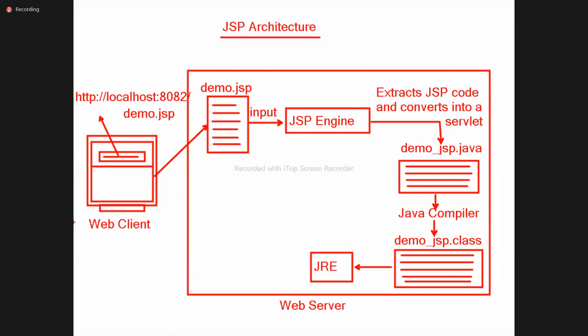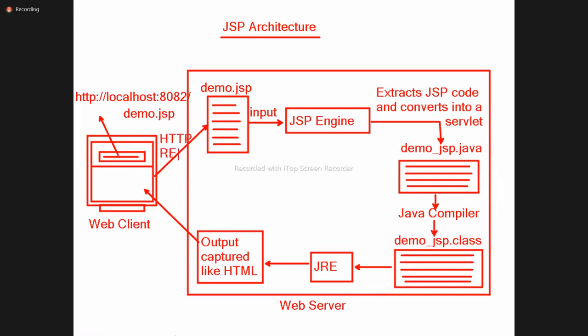Already we know the default MIME type, Multi-purpose Internet Mail Extensions. The output is captured like HTML because the default MIME type is text/html. This output is transferred to the browser, so you'll get an output here. This is called the HTTP request, and this is called the HTTP response.